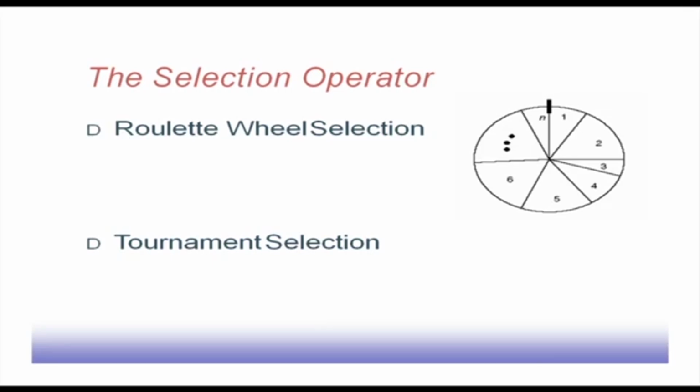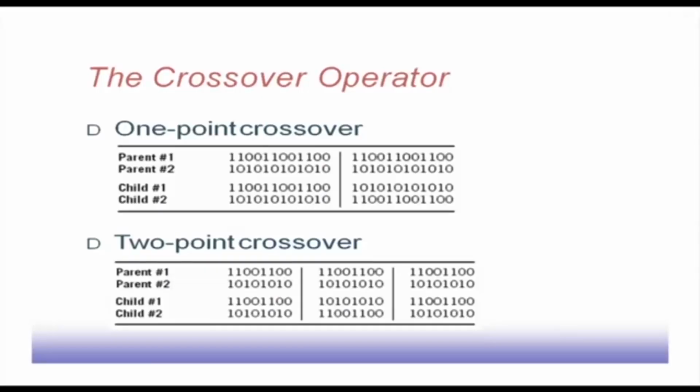So in both cases, either roulette wheel or tournament selection, the parent chromosomes or parent individuals get selected. Now, the crossover operator. There are different versions of the crossover operator that are followed. The first one may be 1 point crossover. This is one individual and this is the second individual, the two parents. Suppose the crossover is at this point.